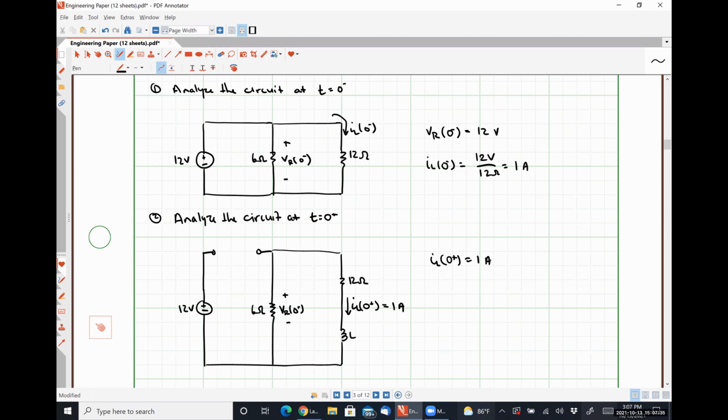So I'm about to do something here. You don't have to do it by any stretch of the imagination, but it helps me in my circuit analysis. The current that flows through the inductor at this very fixed point in time, t equals 0 plus, is constant. It does not matter what the voltage drop over the inductor is.